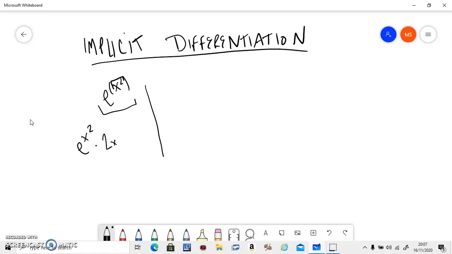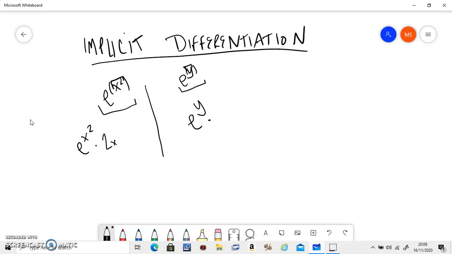Whenever you see something other than x inside the bracket, you will have to use the chain rule. Similarly, if I give you something like e to the power of y, there is something other than x inside the bracket, so you'll have to use the chain rule. Differentiate the whole thing first times the differentiation of whatever is inside the bracket. So the differentiation of the whole thing is e to the y. Now what is the differentiation of y?